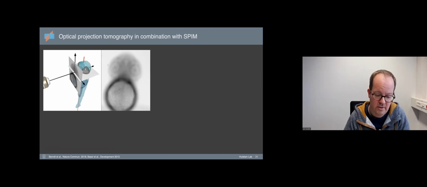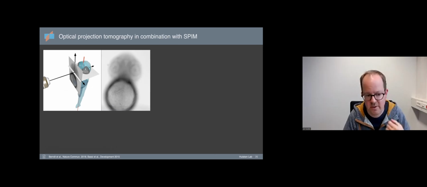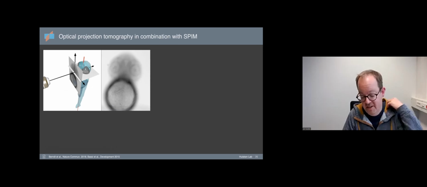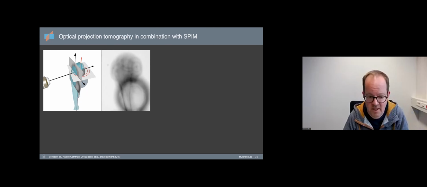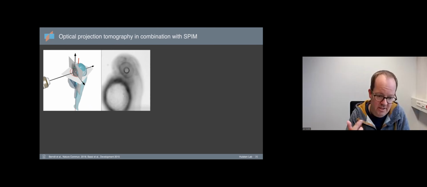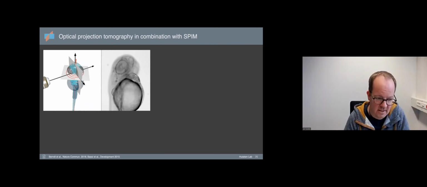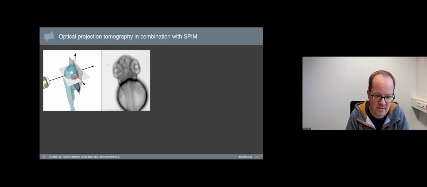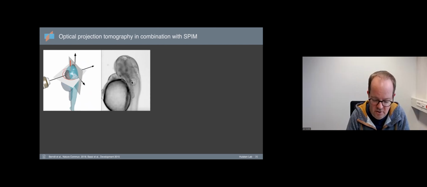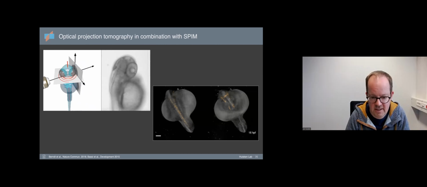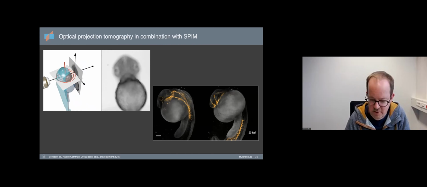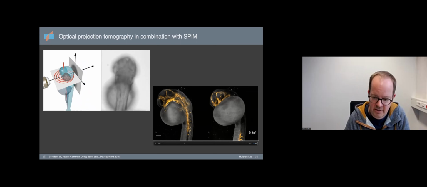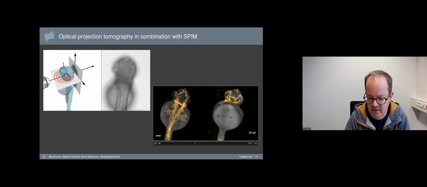And the same with optical projection tomography. We also combined light sheet microscopy with optical projection tomography, something you can in principle do on any light sheet microscope. All you have to do is rotate the specimen, slide it through the focal plane, collect these transmission data, and then you can reconstruct the object very nicely, which is this gray contrast here in addition to the yellow fluorescence from the light sheet.